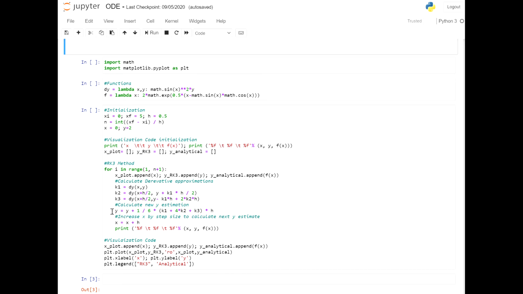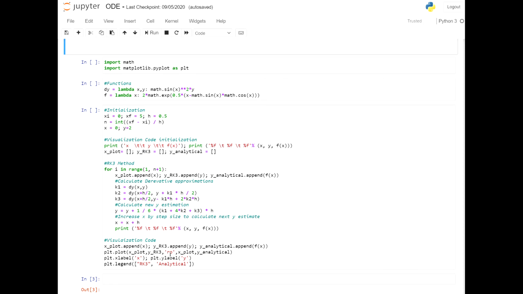Now that I have x and y, I can print x and y and the corresponding true value to create the table. Now the visualization code here is identical to the ones that we did before. To recap briefly, the first line is to capture the last x and y values. And here we are calling plt.plot. The first x and y here is for the Runge Kutta.